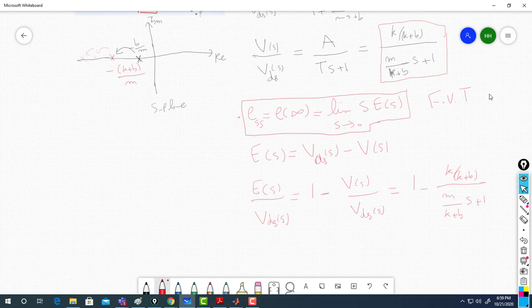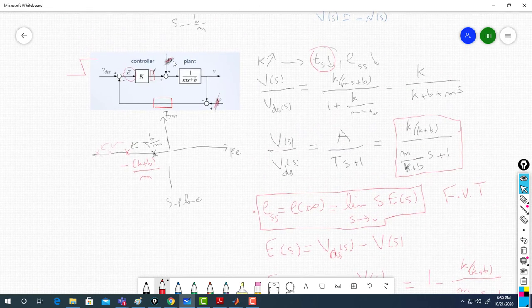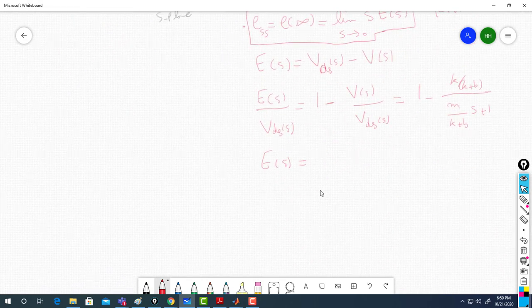Then E of s becomes V desired times this. V desired is a step. What's the Laplace transform of a unit step? It is 1 over s. I replace V desired by 1 over s, so it is 1 over s times 1 minus k over k plus b over m over k plus b s plus 1.